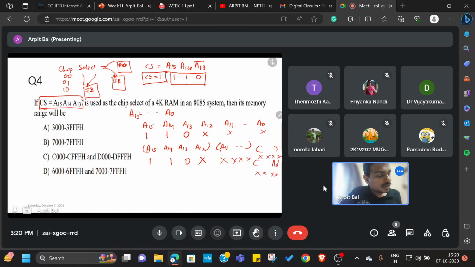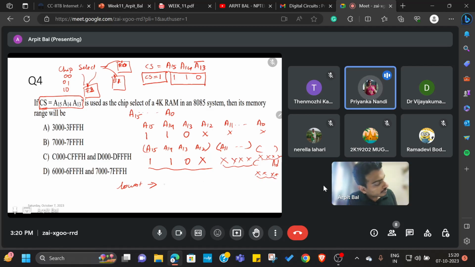Can anyone tell me what is the lowest value that we can get out of this combination? It is C000, I think. Yeah, it is C000.